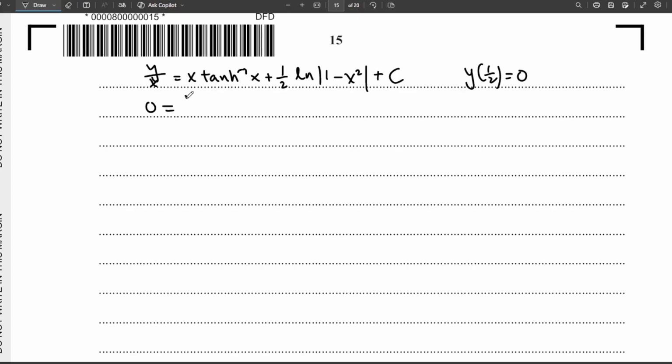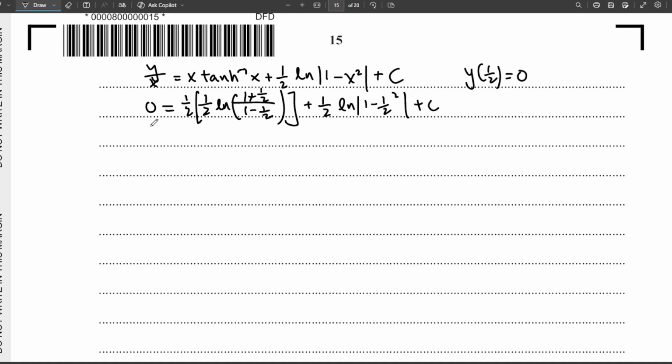So x is 1 over 2, and this hyperbolic inverse tangent is 1 over 2 natural log of 1 plus 1 over 2, over 1 minus 1 over 2, and then 1 over 2 natural log of 1 minus 1 over 2 squared, then plus c.